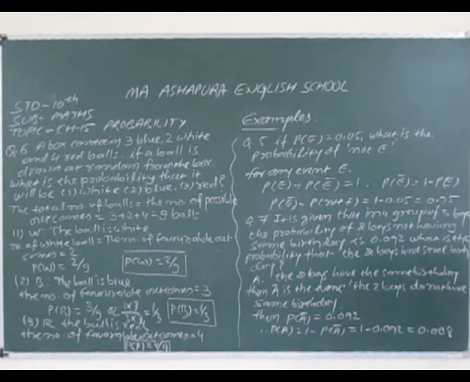In questions number 5 and 7 from your textbook, we have to find P of E bar or P of A, that means probability of event or not event. In question number 5, we find the probability of not event, and in the last question, on the basis of the probability of not event, we find the probability of the event.